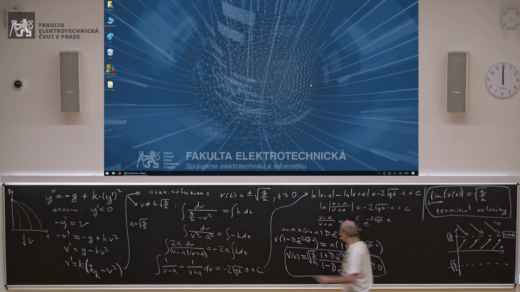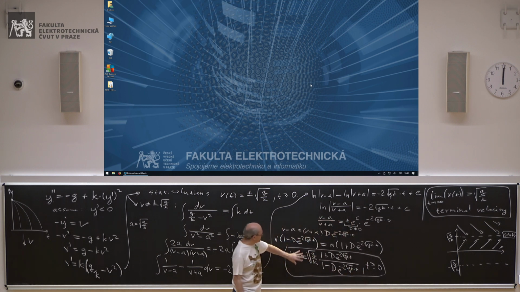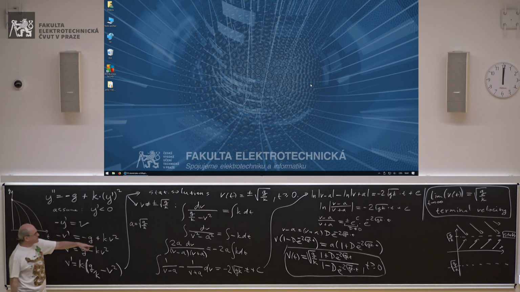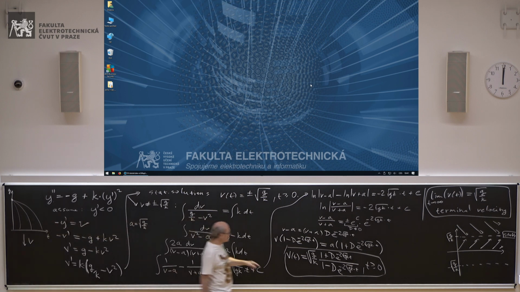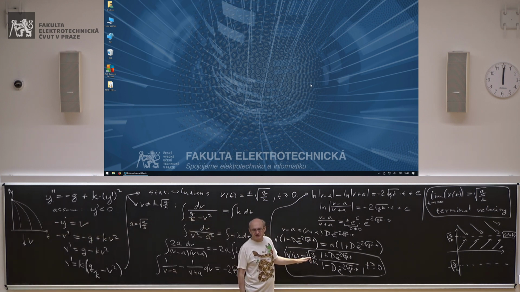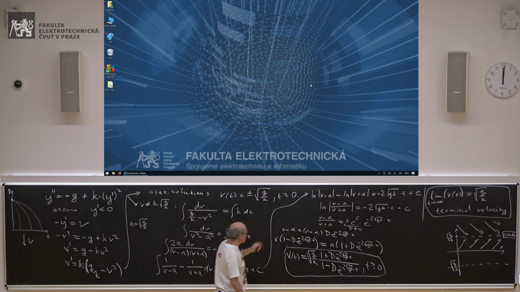By the way, we have an analytic solution for this differential equation, which means we have an analytic formula for the velocity. If we have a formula for velocity, we can recover the position by integrating. Well, just look at it. Good luck integrating. Try it. It's not pleasant.